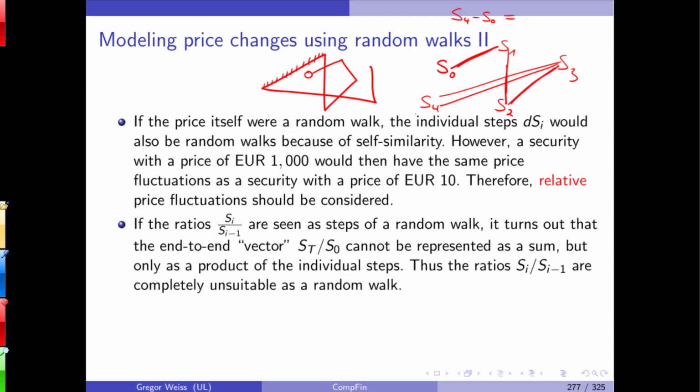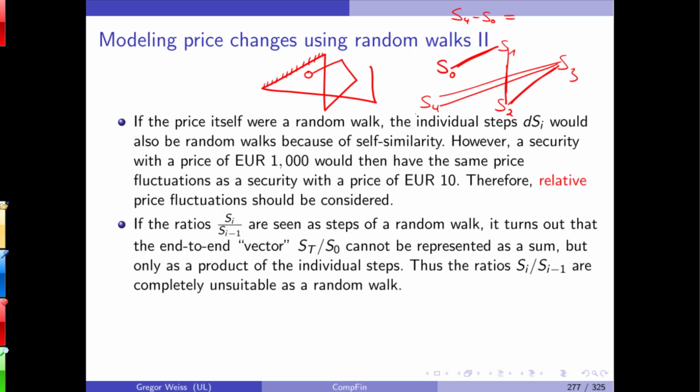If you think about it geometrically, it makes sense. It should be the same if you go from S0 directly to S4, as simply going from S0 to S1, S2, S3, and S4. This needs to be the case. But the direct connection from S0 to ST cannot be represented by a sum of those individual changes, discrete changes.